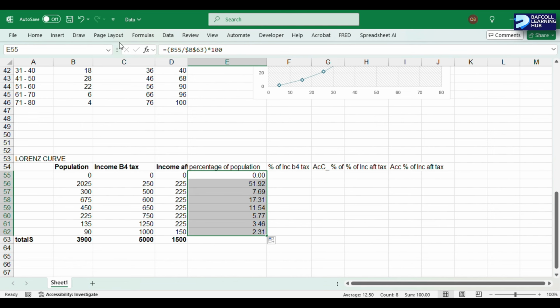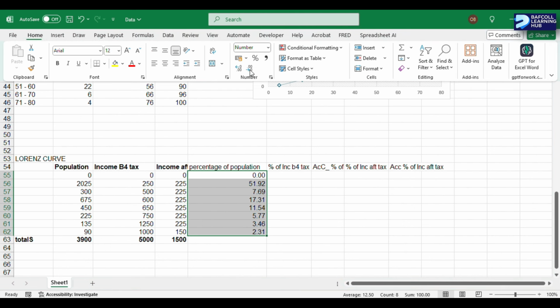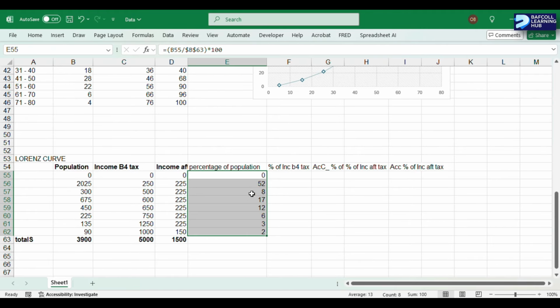Let me reduce the decimal places since I'm dealing with population. Okay, I have 8, 17, 12, 6, 3, 2.